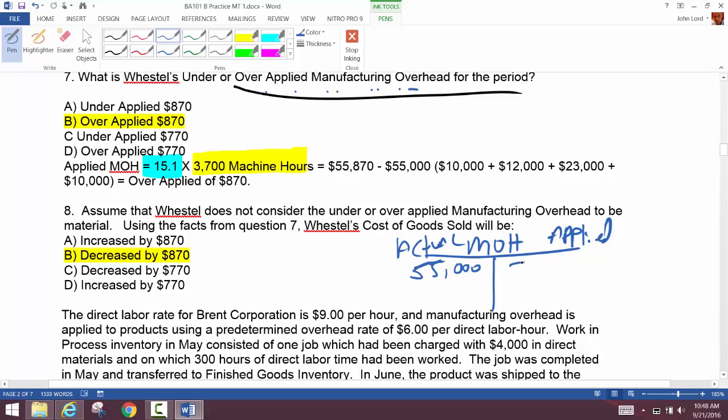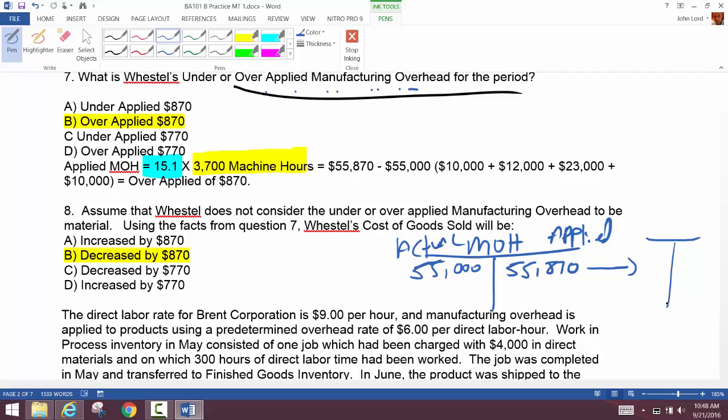The applied is how much? 55,870. That's the credit. Where's the debit going over here? What account do I debit? I debit work in progress for the manufacturing overhead.